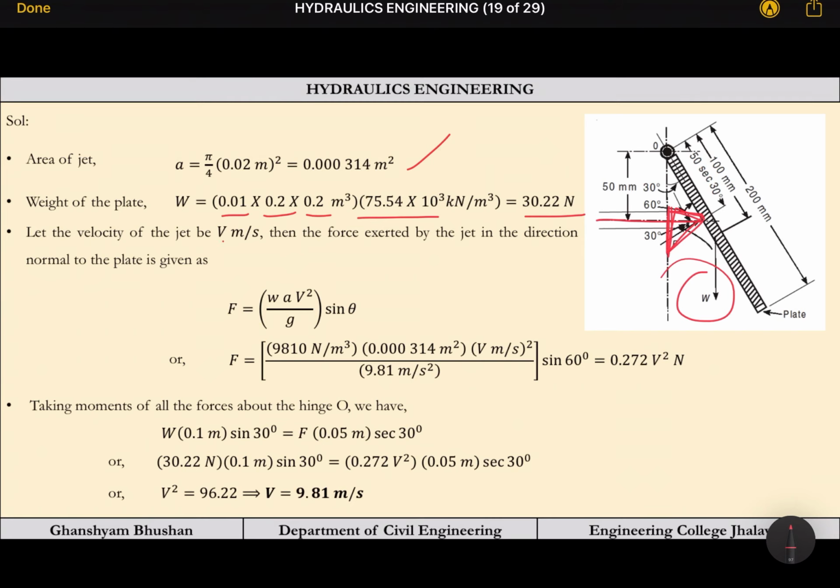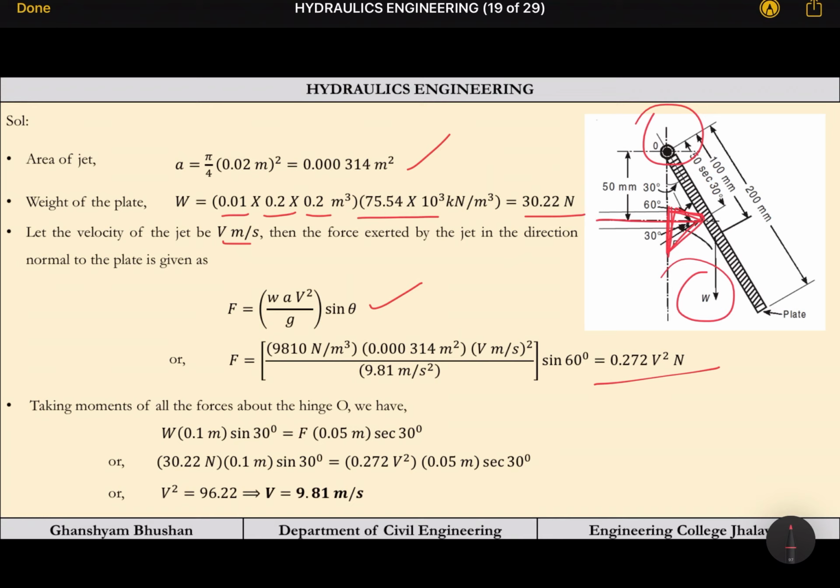Now we have to calculate the velocity. We assume it as v meters per second. For the inclined case, the force exerted is WAV squared by g into sin theta, so everything will come in terms of v. Taking the moment of all the forces about the hinge O, since we want to calculate v, we have to equate some quantities. About the hinge the moment is 0, so take the moment of all the forces.